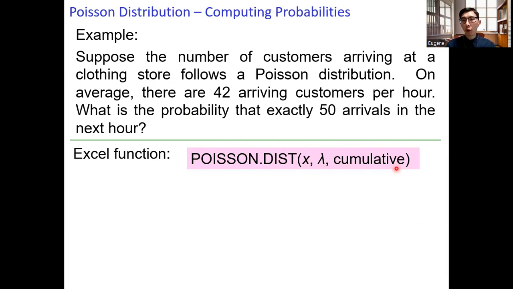And the logical parameter, cumulative, true or false. Cumulative equals true when we want to get the cumulative probability, or else cumulative equals false. In this example, we want to get the probability that exactly 50 arrive in the next hour.